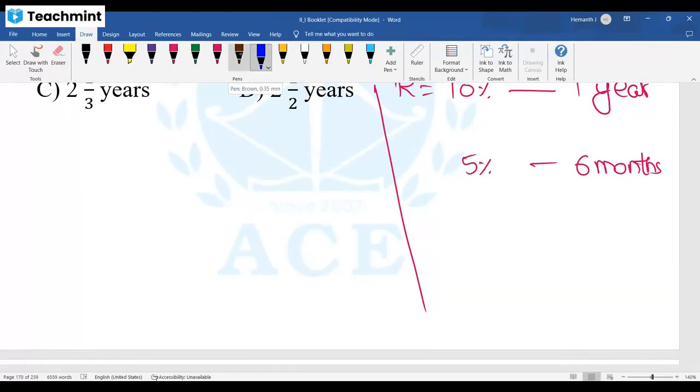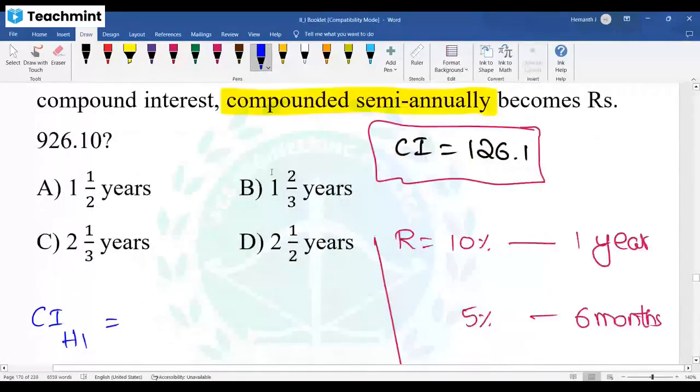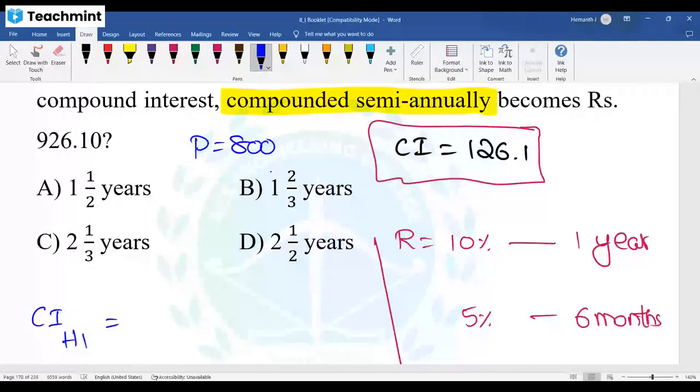The easy method: interest is calculated on principal. First half year completed means 6 months completed. What is the rate of interest for 6 months? 5%. What is the principal here? 800. Interest is calculated on principal, whether it is simple interest or compound interest.